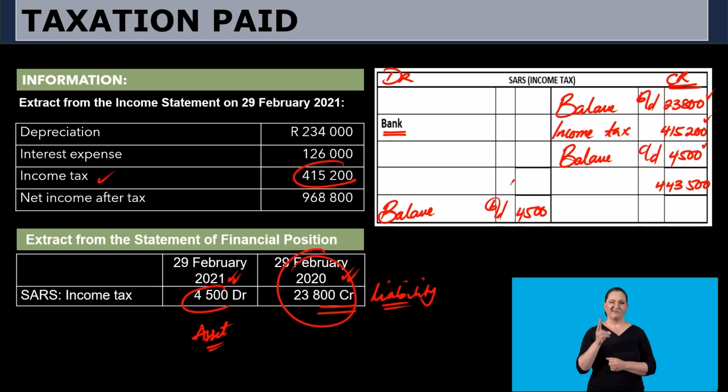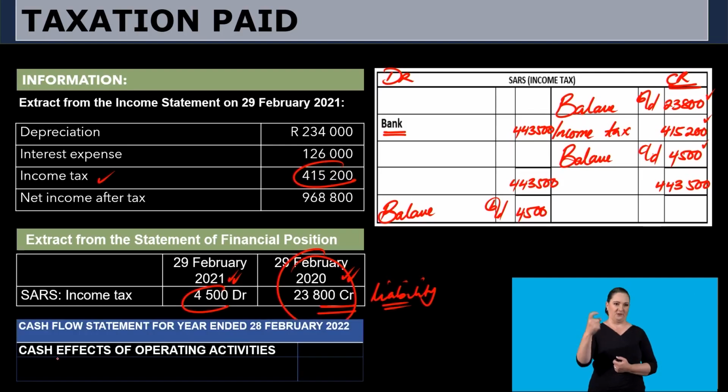So I'll bring it again here. 443,500. That means here my bank is going to be the same amount, 443,500. That becomes the amount that is paid over to SARS for tax.